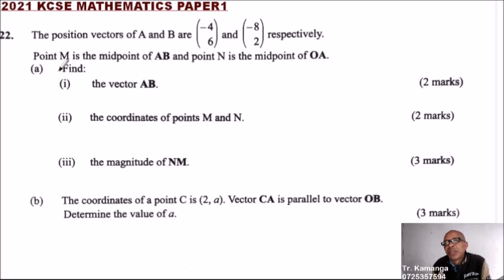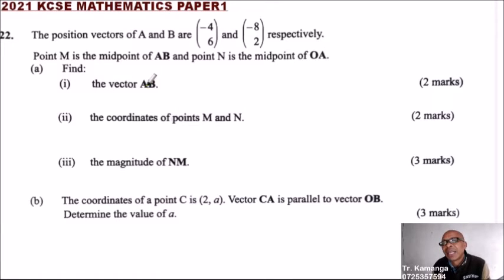Question number 22. The position vectors A and B are (-4, 6) and (-8, 2) respectively. Point M is the midpoint of AB and point N is the midpoint of OA. Part A, find Roman number 1, the vector AB.